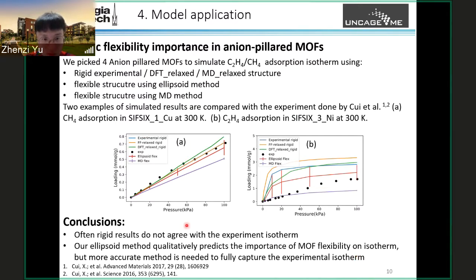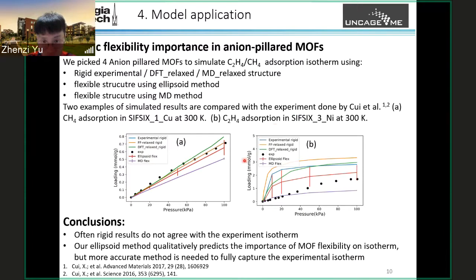And we can see for the figure on the left, which is figure A, it is the methane adsorption. And we can see from the figure, all the rigid and flexible isotherms are very close to the experiment data, which is this black dot, which means that the intrinsic flexibility is not important in this case.